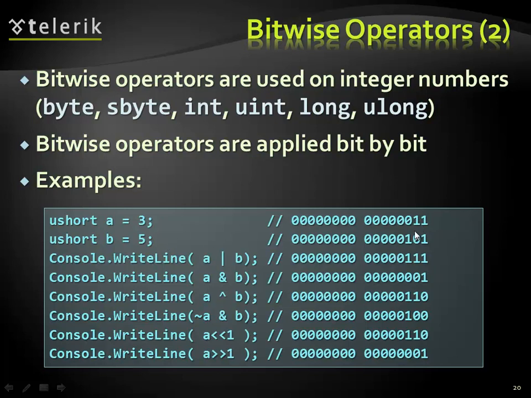For example, if we take 3 and 5, like in this example, and we do an OR, we are uniting the bits which are ones, because whenever at least one of the conditions is true, we are getting a true result. So if we have 1 and 1, we get 1, and if we have 1 and 0, we still get 1.